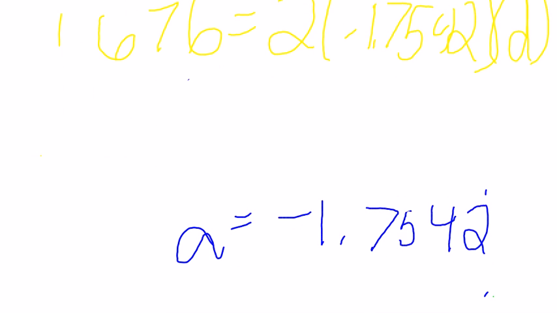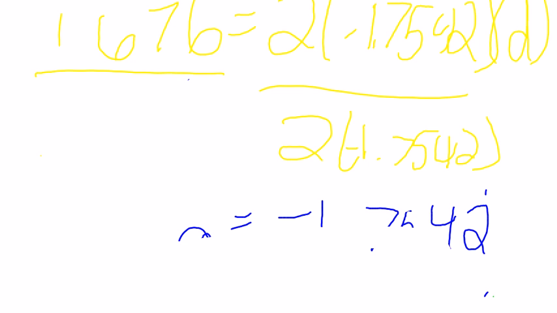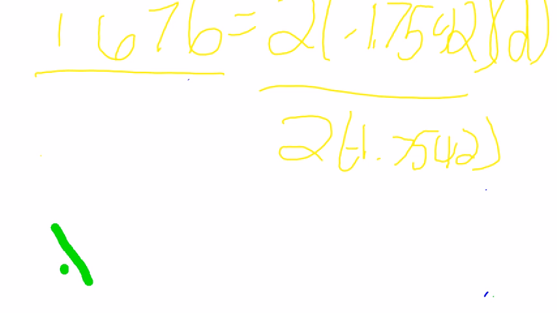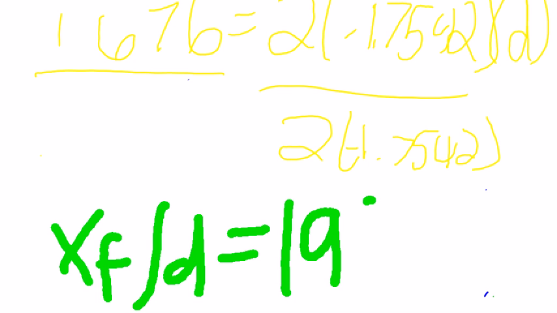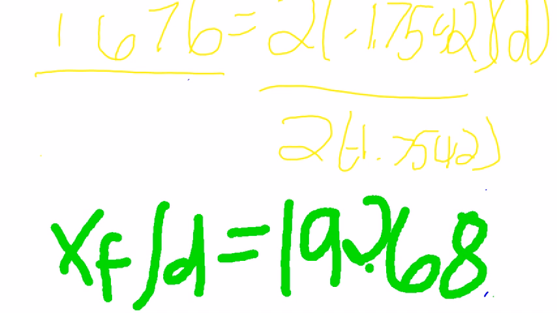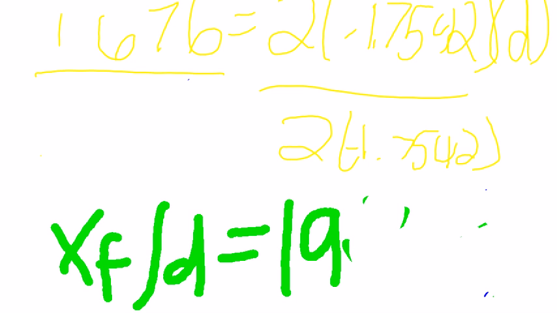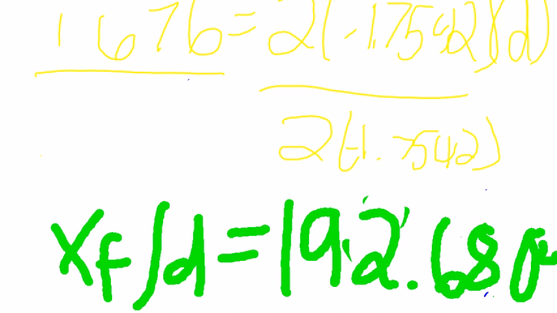And we'll go ahead and divide on both sides, and that will give us the answer to the x of f, also d, which will be 192.68. Let me rewrite this. 192.6804. Alright, moving on.